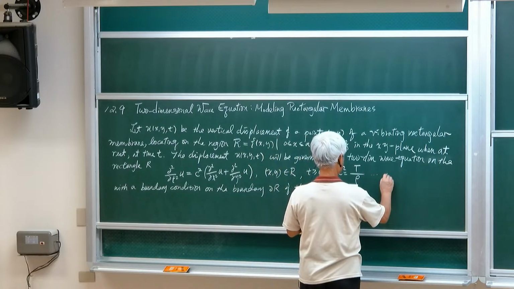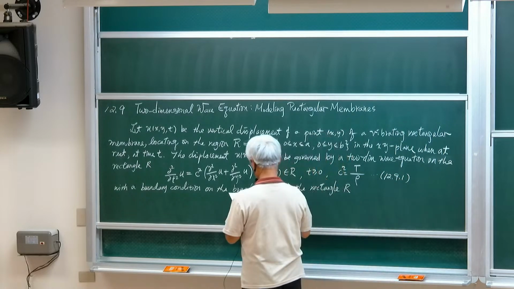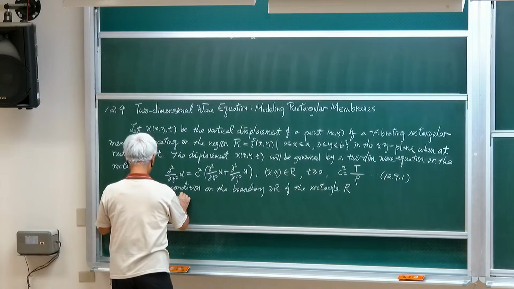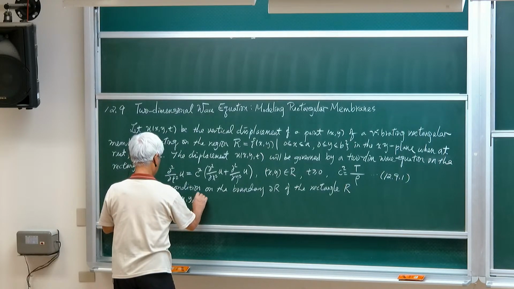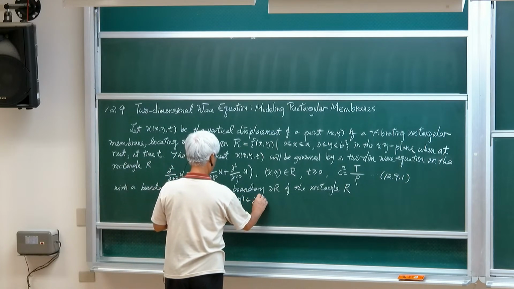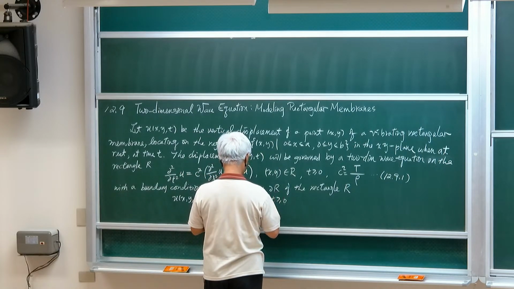So this is 12.9.1. That's u of x, y, t equal to 0 for all x, y in the boundary of R, and for all t greater than or equal to 0.